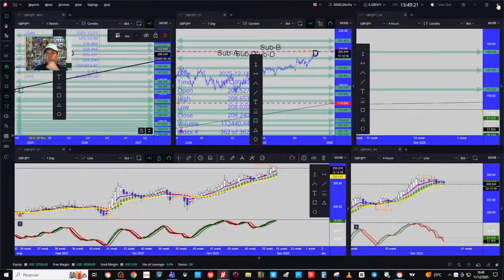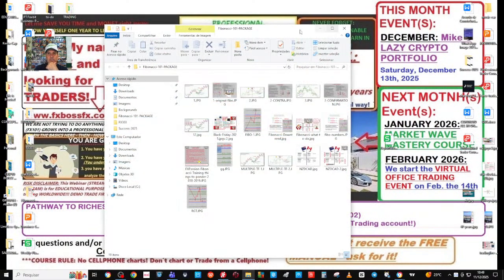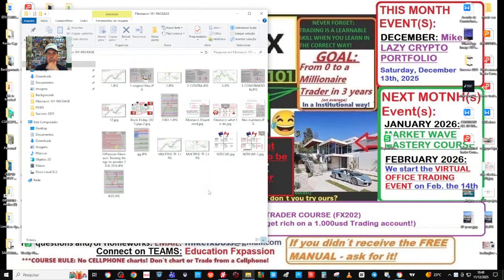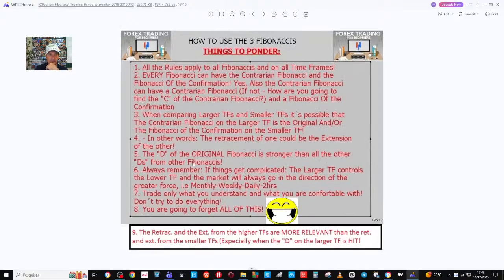Do you remember? This is why, everybody, if you didn't receive the package with all of those concepts, number 5, the capital D of the original Fibonacci is stronger than all the other Ds from other Fibonaccis.